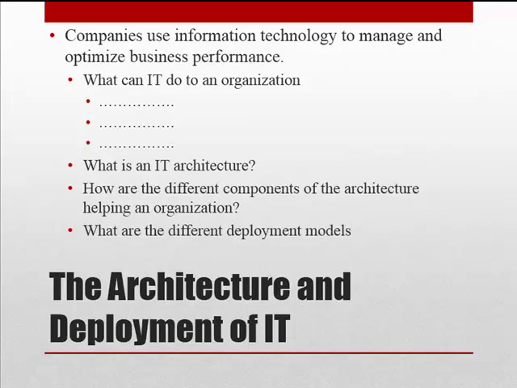IT can reduce the cost. IT can shorten the time it takes to finish a business process, can increase efficiency by reducing the number of errors and automating a lot of the steps in the business process. And IT can also support innovation.